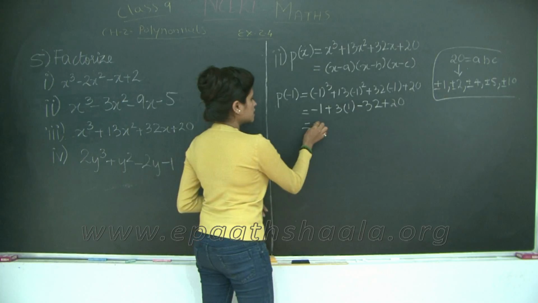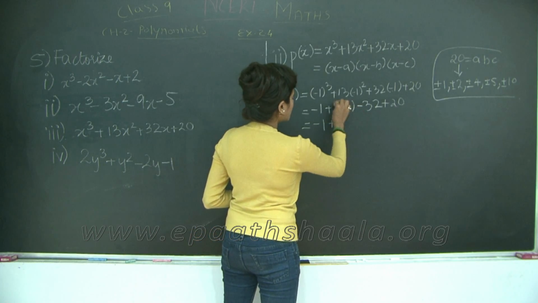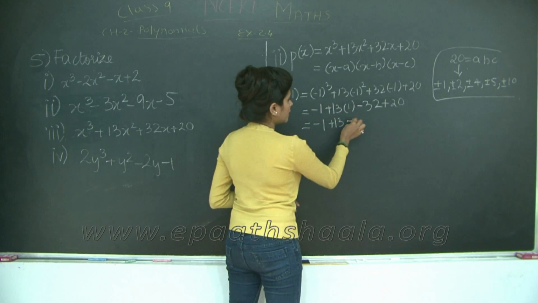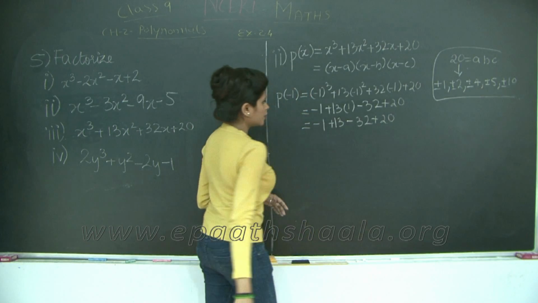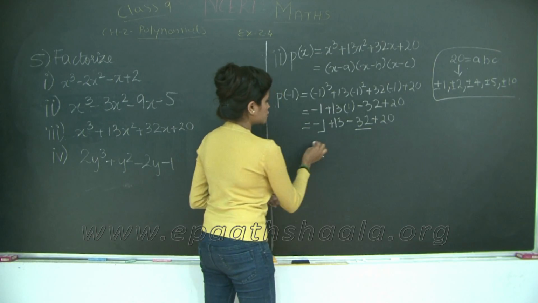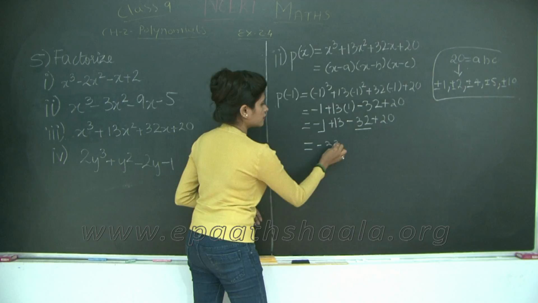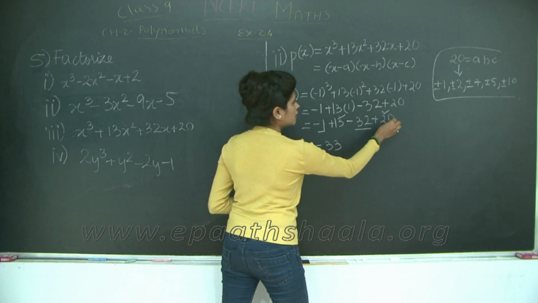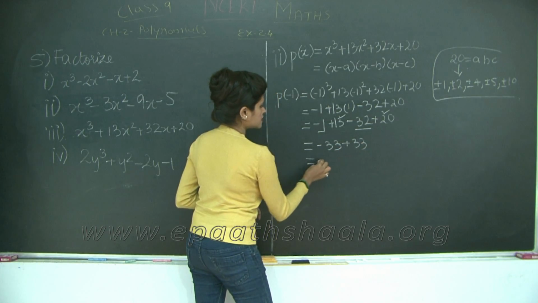So this is equal to minus 1 plus 13 minus 32 plus 20. I'm going to take the like terms together and add them up. Minus 1 minus 32 gives me minus 33, and these are positive numbers, so plus 13 plus 20 gives me plus 33. This is equal to 0.